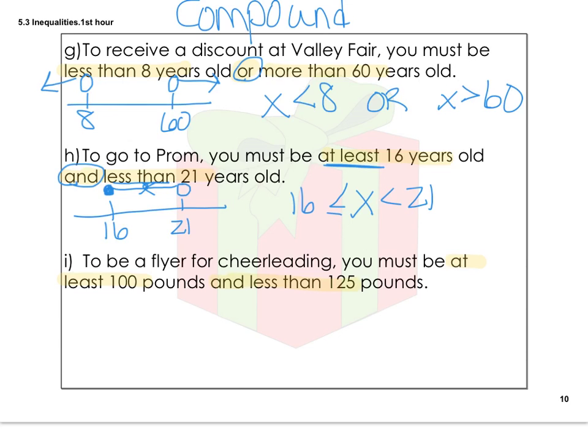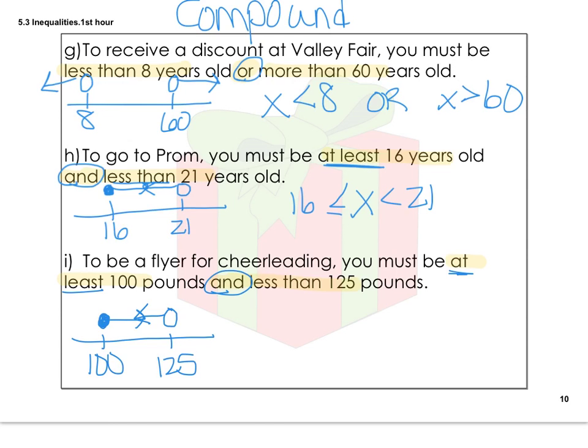So because there's two numbers, we're going to go straight to making our graph just to help us make sense of this. The first one says at least 100. That means it's a closed circle. At least means we're getting bigger. And less than 125. Less than means an open circle and smaller.